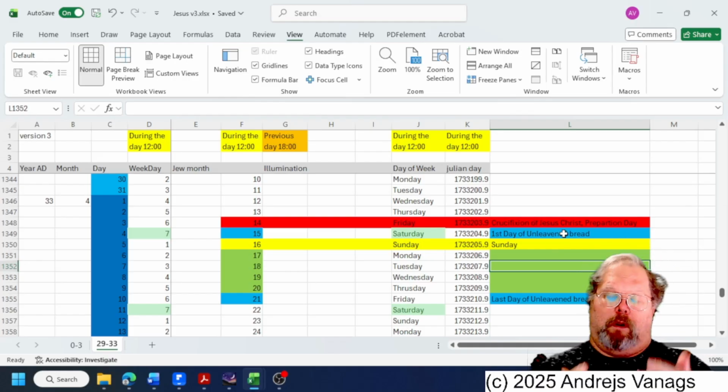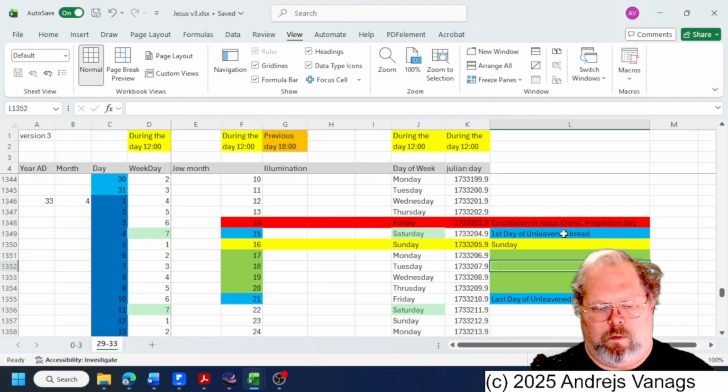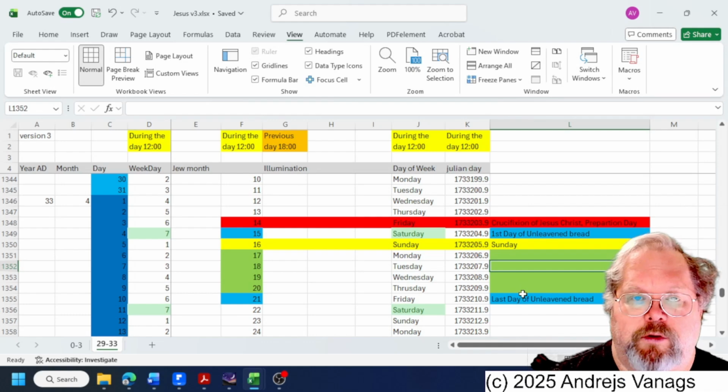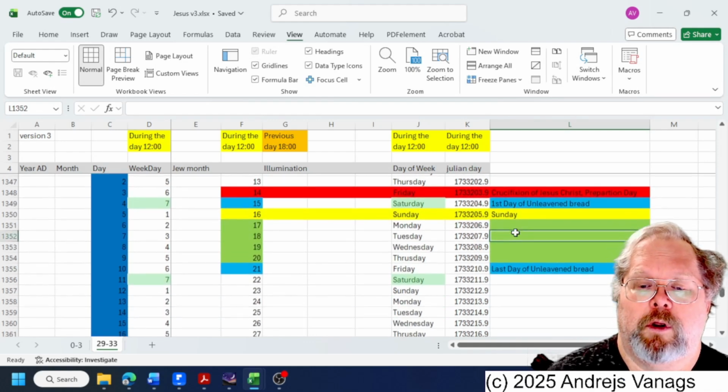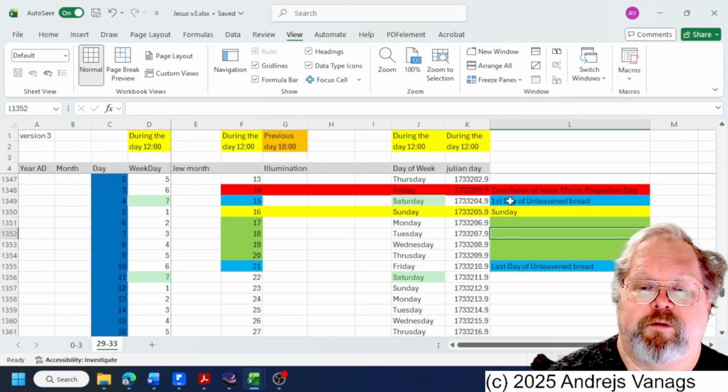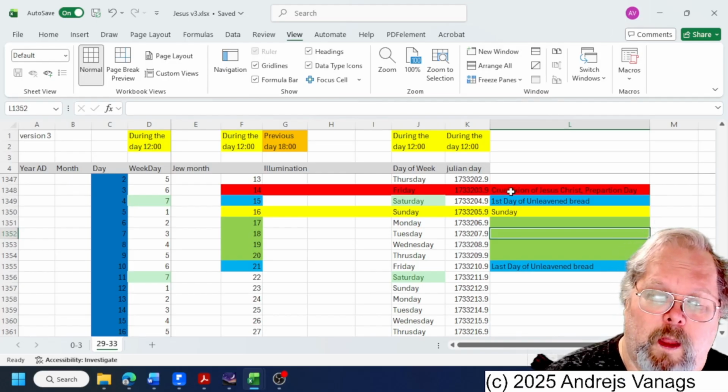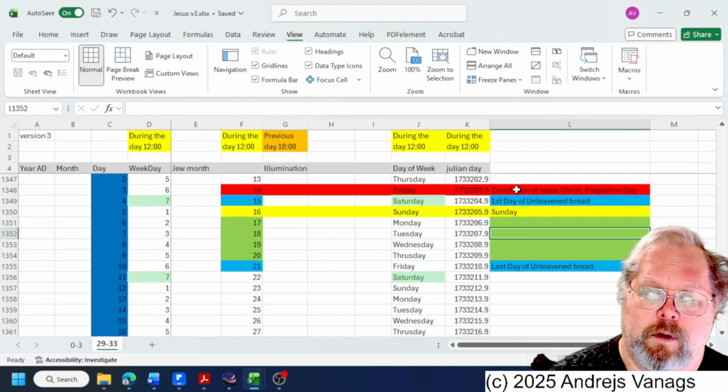And for Christians, this is important because of the way the Galilean and the Jewish calendars were staggered. You see here the Galilean month started the day before. So that means that the first day of unleavened bread happened the day before. And that's why he celebrated the Passover on the 14th.